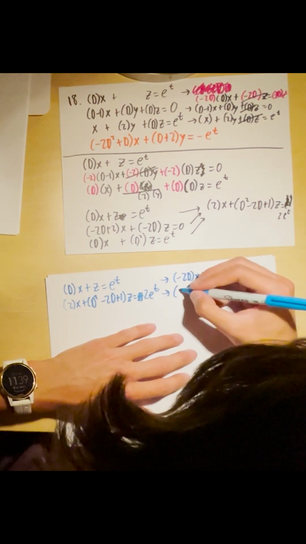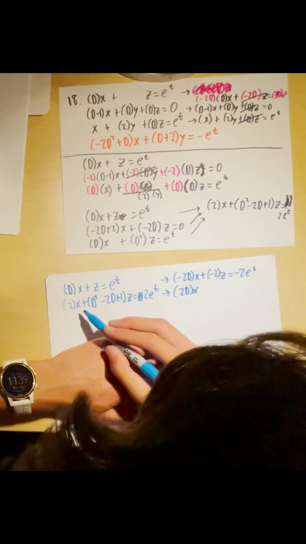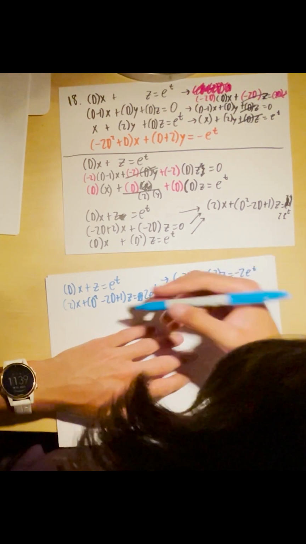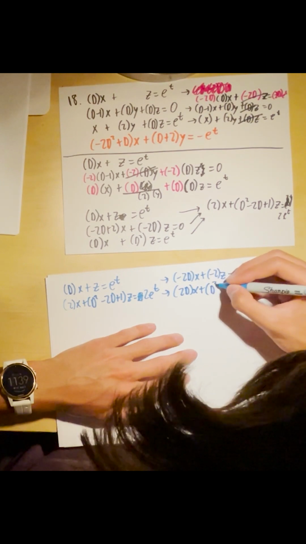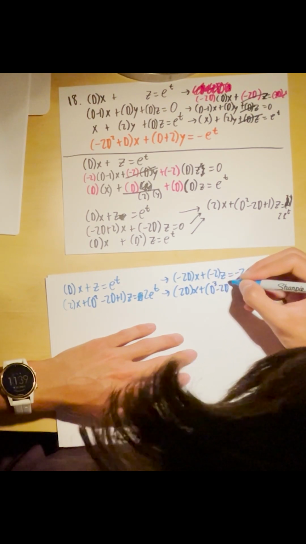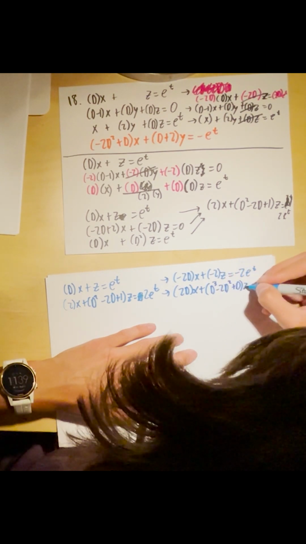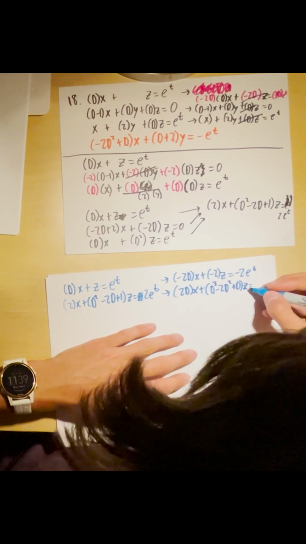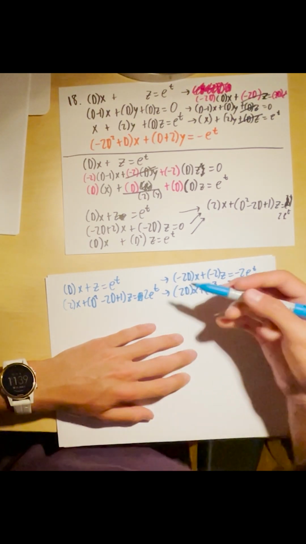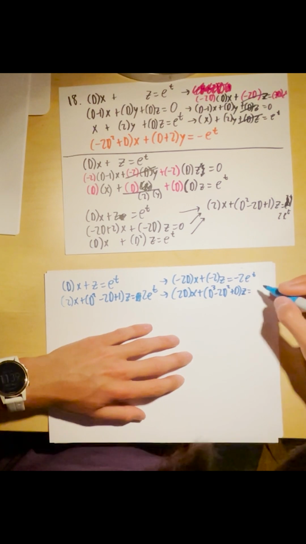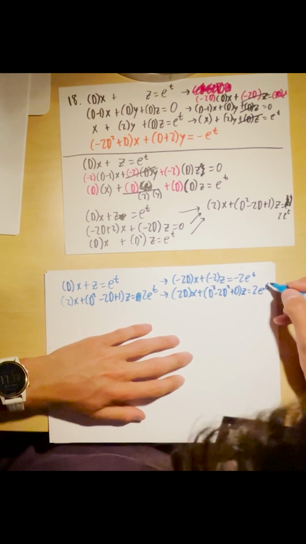The bottom, we're going to have 2dx, and then everything just gets multiplied by d. And when we take the derivative of 2e to the t, we are just left with 2e to the t.